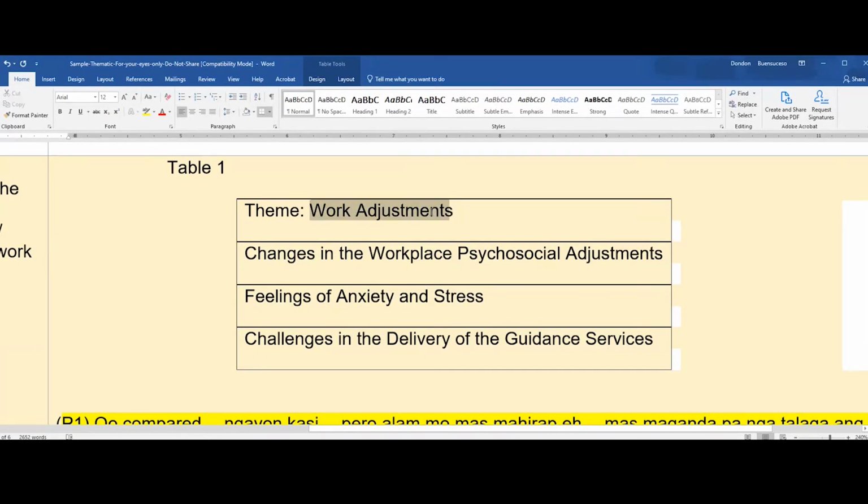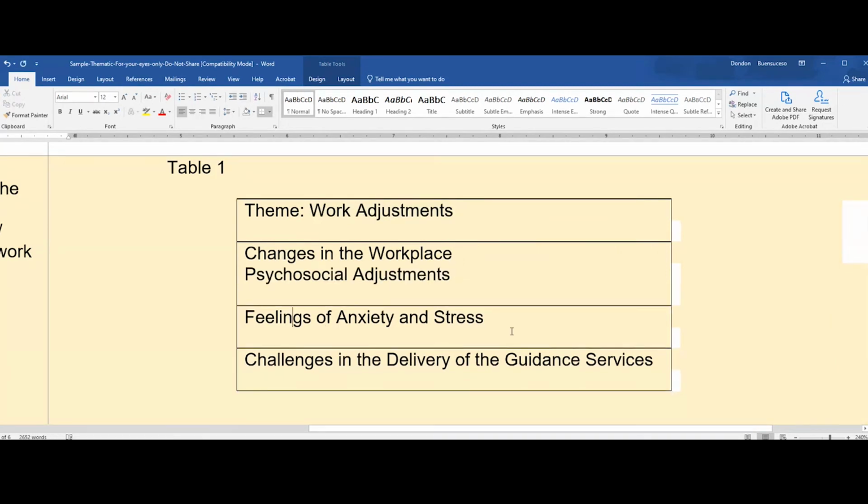So work adjustments, the sub themes: changes in the workplace, psychosocial adjustments, feelings of anxiety and stress, challenges in the delivery of the guidance services. So these are the sub themes. You will now explain how they are related. So I will upload examples of how we explain the themes and then the sub themes.